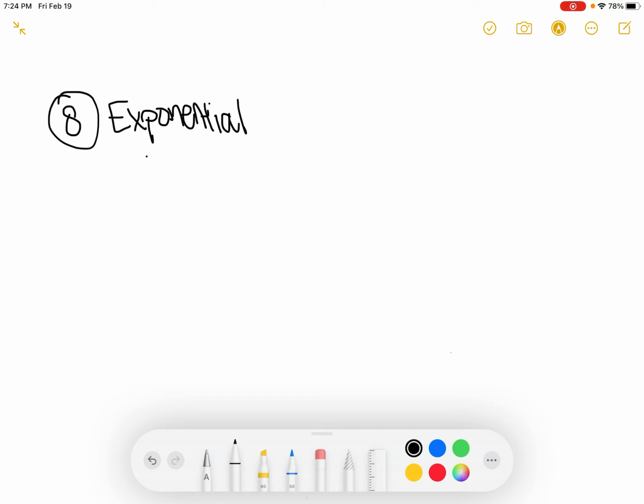Okay, so this is what it looks like on a graph. I don't have the graph paper right now, sorry about that, but it's never going to really touch the x-axis, and then it goes crazy. Once it starts getting into the positive x, positive y quadrant, it goes crazy.